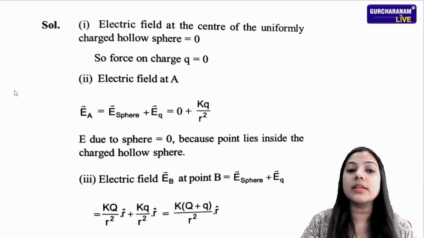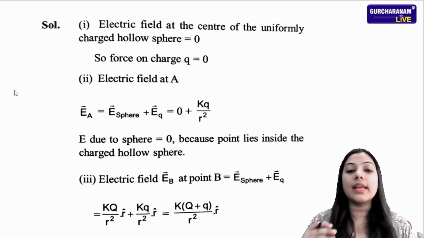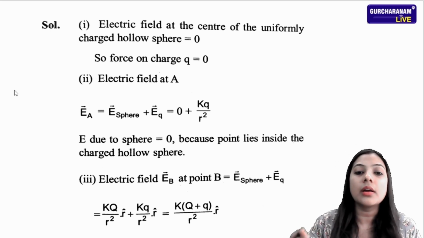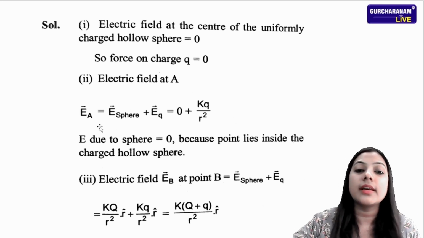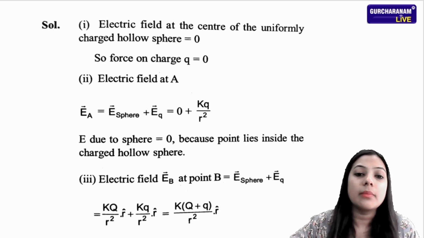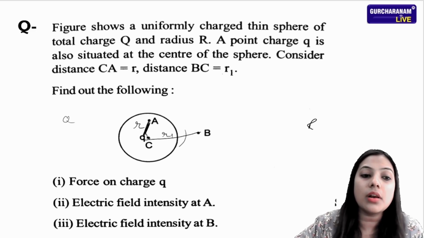Coming to the second point, the electric field at A. What is the value of the electric field? kq upon r square. But we have to consider the sphere as well, so E_A vector equals E_sphere plus E_q.